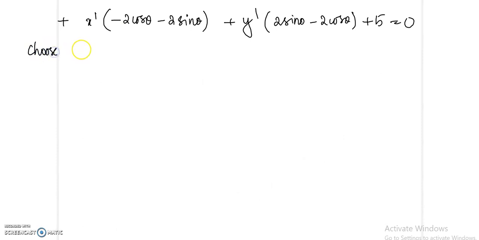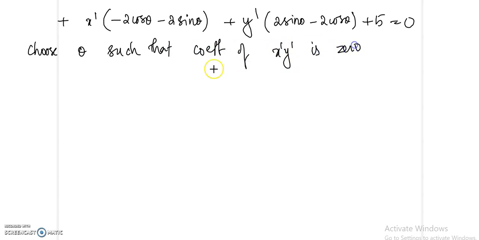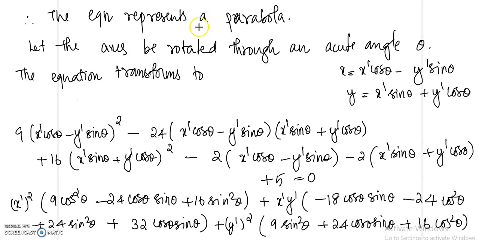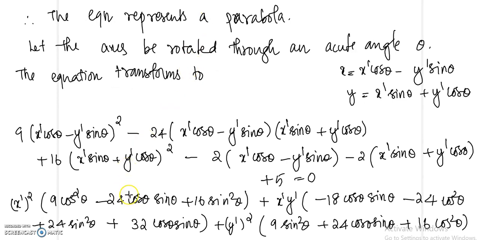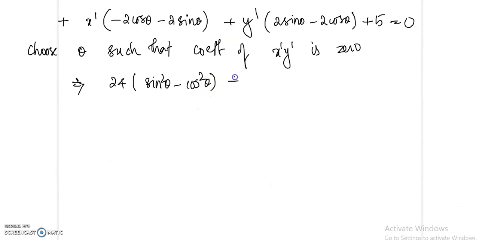So that will give, so you will get minus 24 into sin square minus cos square, then you have 32 minus 18, which is 14 sin theta cos theta.